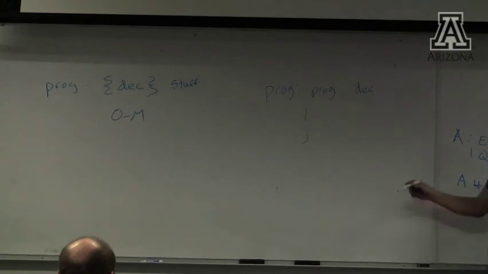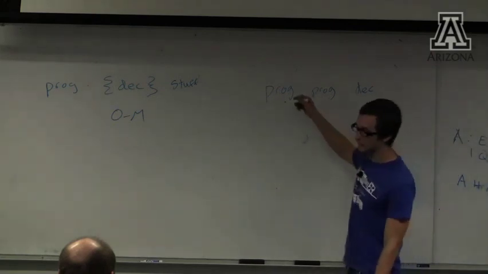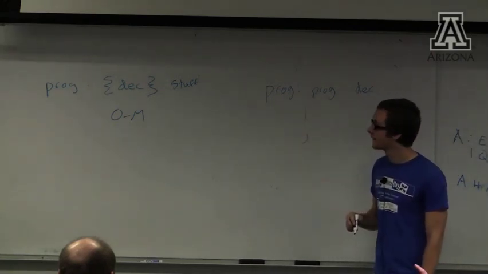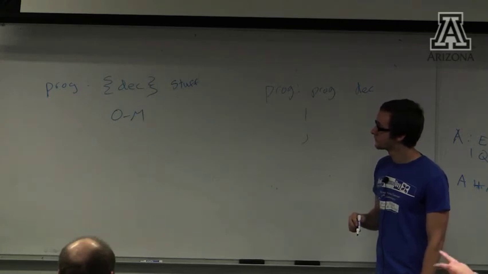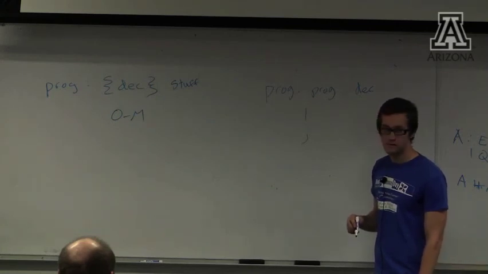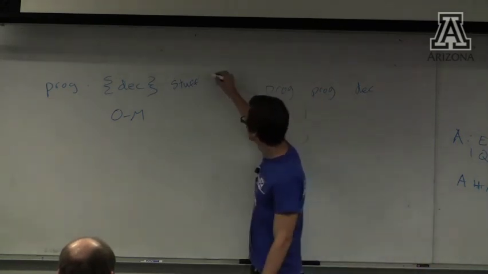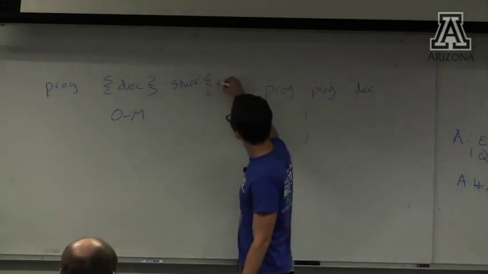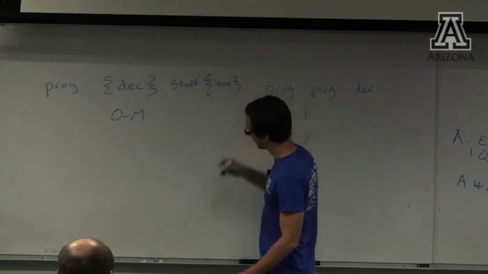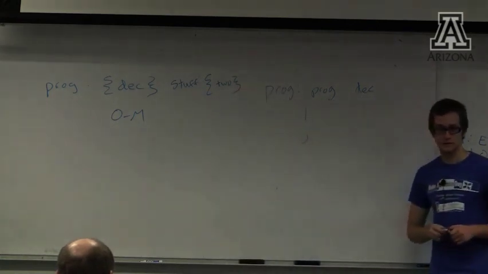So maybe you have a program and declaration and stuff, and then you have some other thing that's also with curly braces. You have to break it apart, like assign different things for that. Absolutely.